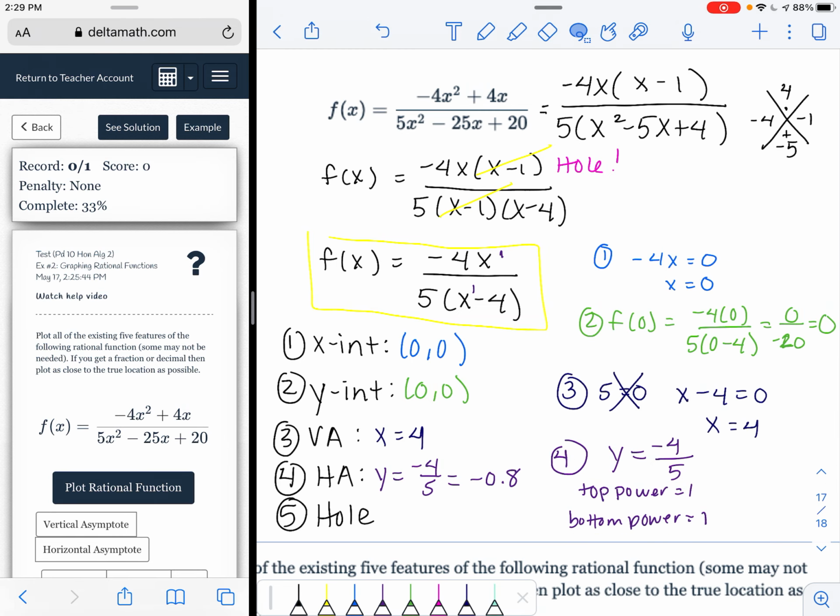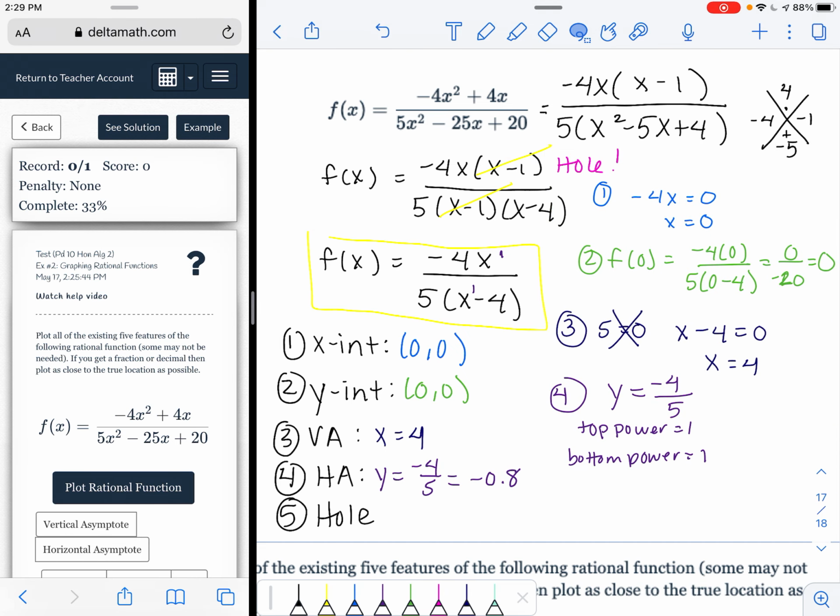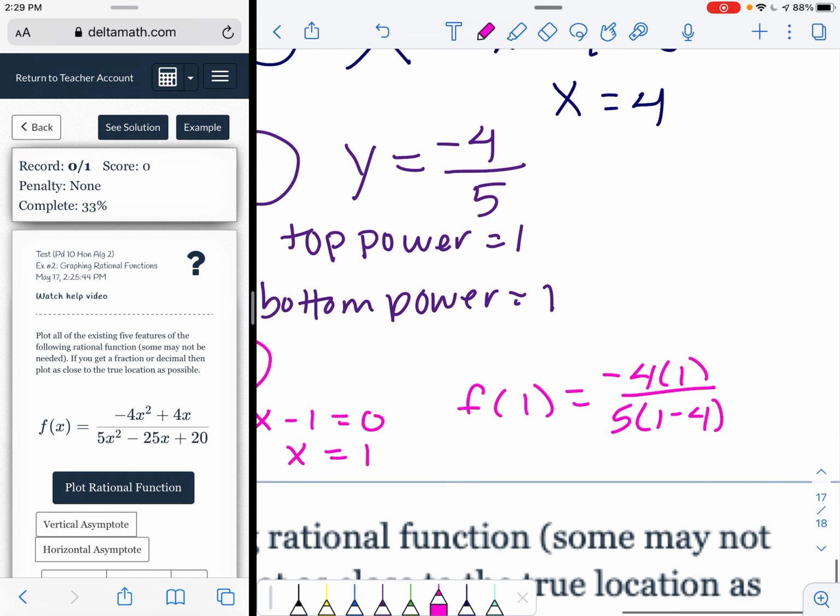And then for our hole, which I did not leave enough room for here, let's see if I can get all of this in one go. There we go. Let's do the hole. We crossed out x minus 1. So if I set x minus 1 equal to 0, I get x is 1. And then f of 1 is going to equal negative 4 times 1 over 5 times 1 minus 4.